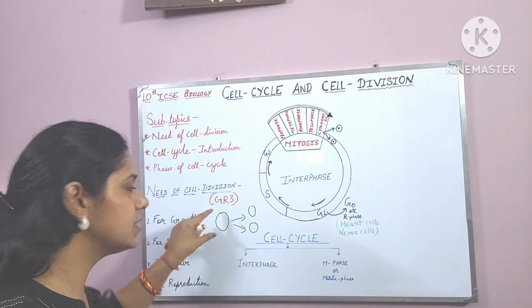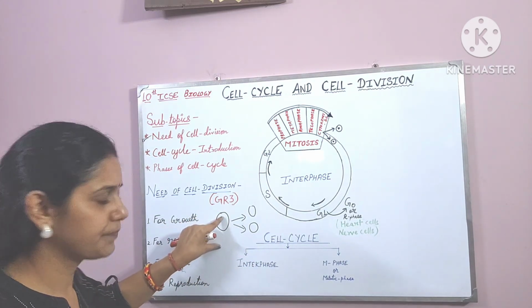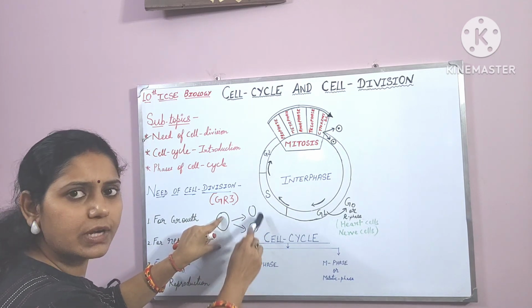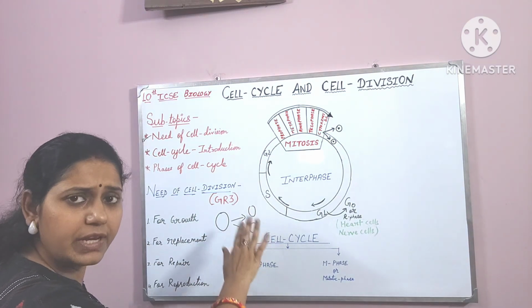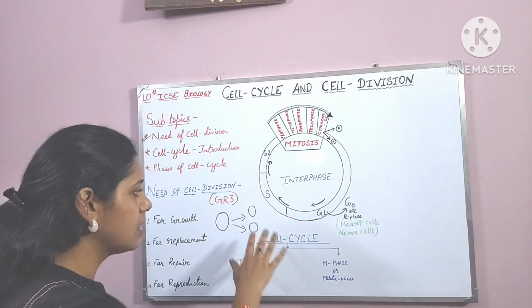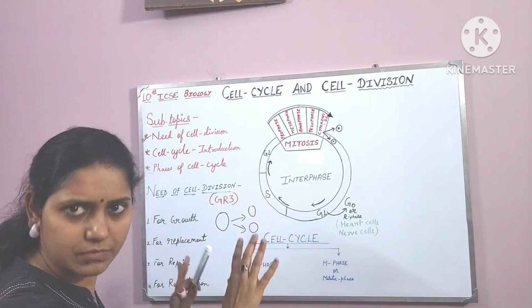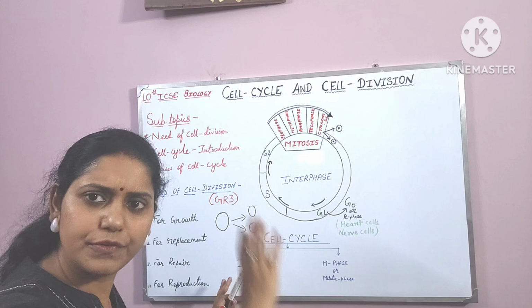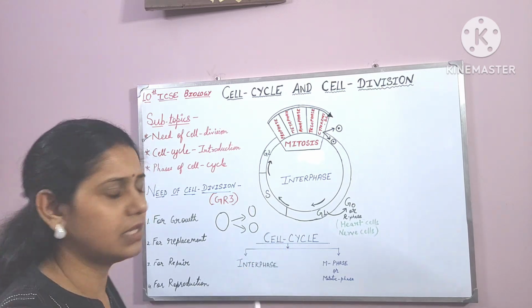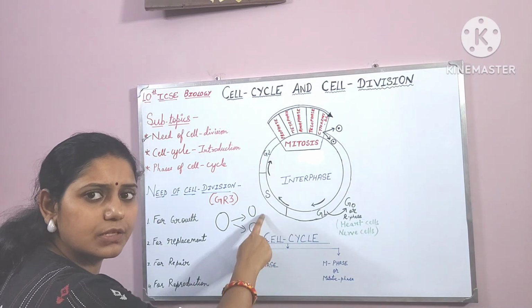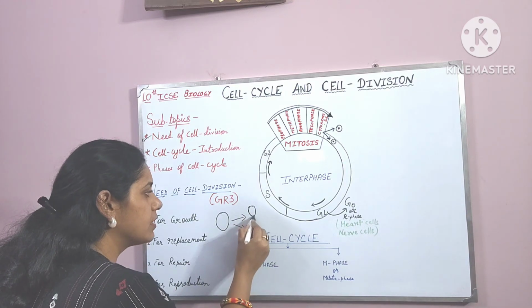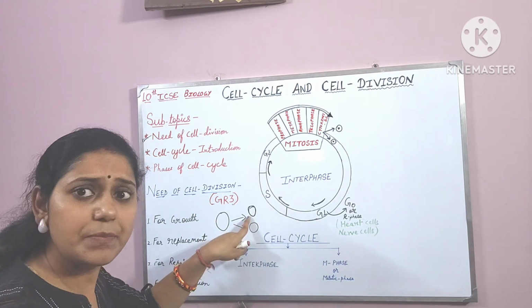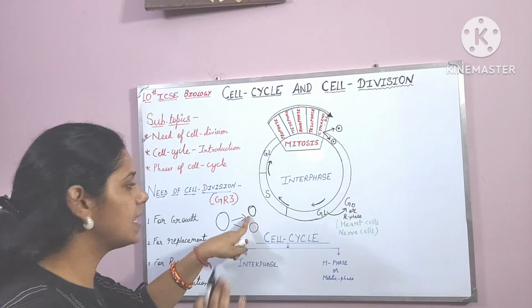How? As I told you, this one parent cell, it will divide into daughter cells. Now, these daughter cells, when they mature, when a time will come, they will have everything which is needed for division. Then again these daughter cells will divide. So this one daughter cell, it will become parent cell.